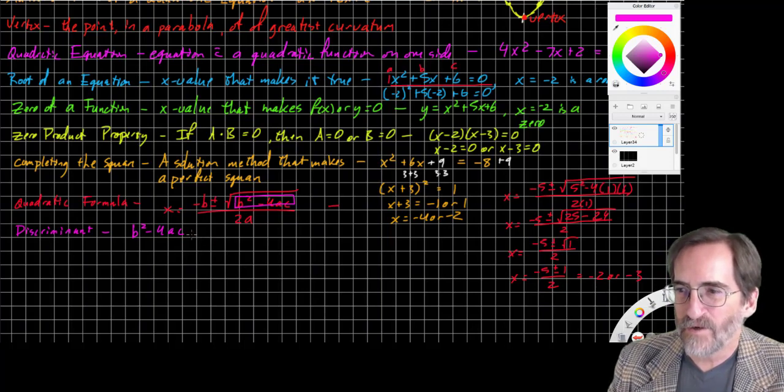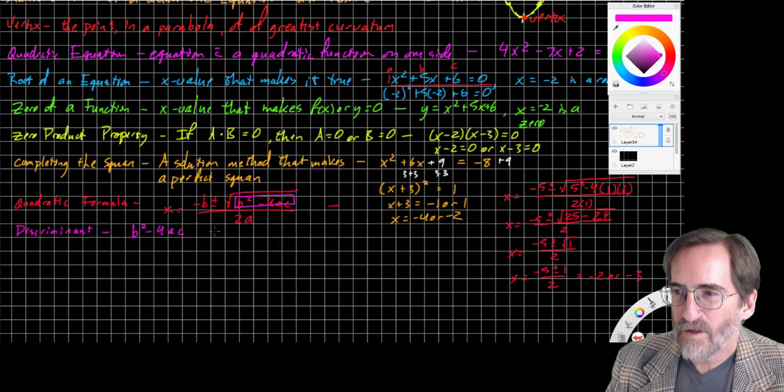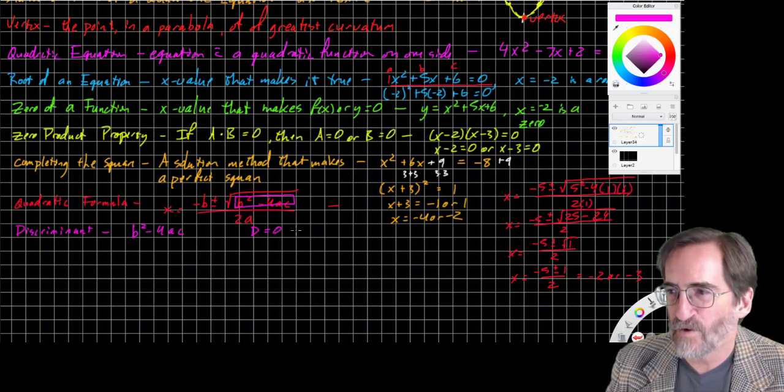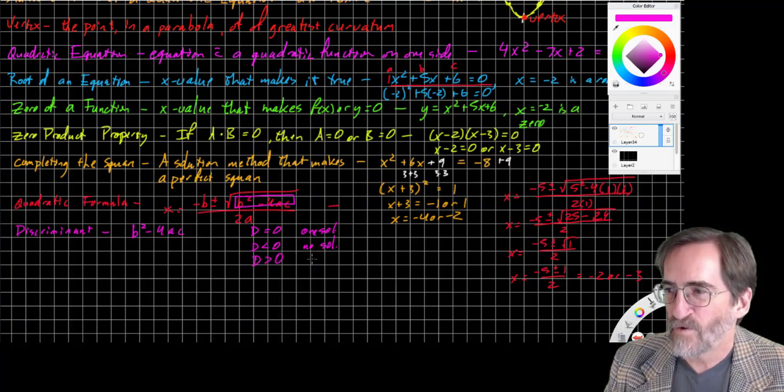And if the discriminant, I'll use d, if the discriminant equals 0, there is one solution. If d is less than 0, if it's negative, there are no solutions. If d is positive, greater than 0, there are two solutions.